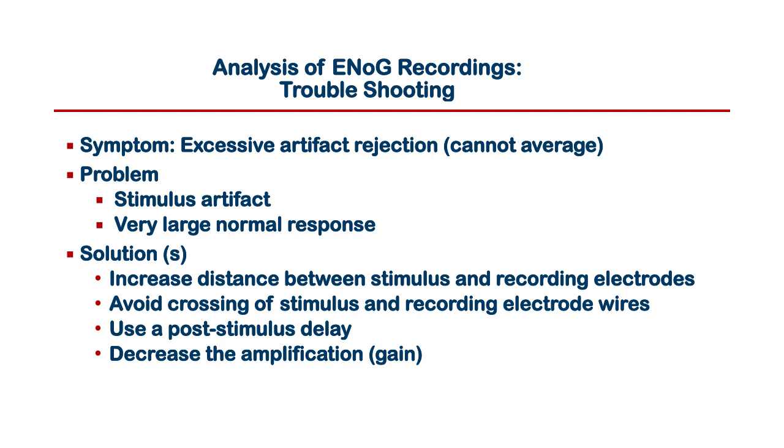And then too much artifact. Well, sometimes it's because the response itself is so large, so you have to just reduce the amplification. Sometimes it's because of the electrodes you're recording on the face. Some people want to get the electrodes out of the way, so they put them behind the ear, keeping them off the face, or the wires. Now, the electrodes are on the nasolabial fold, but the wires go over the ear. But of course, that's right where you're stimulating. So you've got to make sure you keep your stimulating electrodes as far away from the recording wire electrodes as possible.